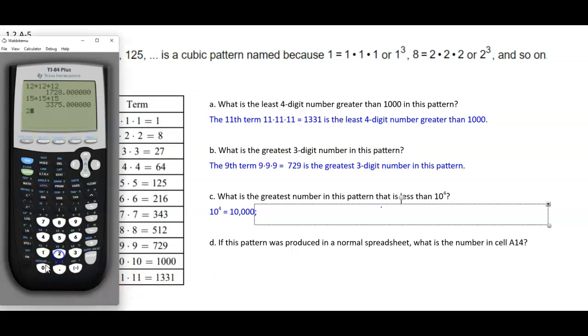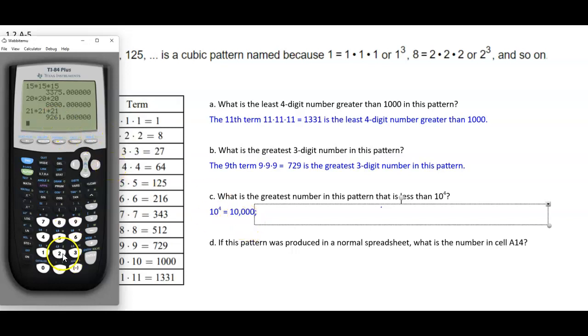So let's try 20 times 20 times 20. Well, that gives us 8,000, so that's kind of close to that. So let's try 21 times 21 times 21. Well, that gives us 9,261. So that's pretty close to 10,000.